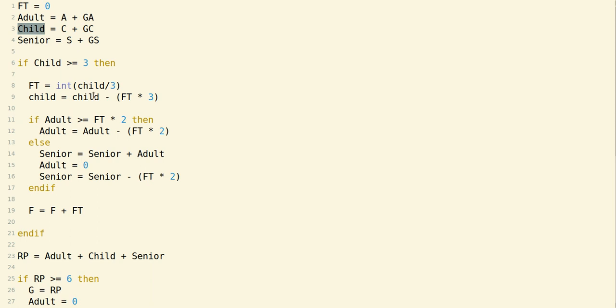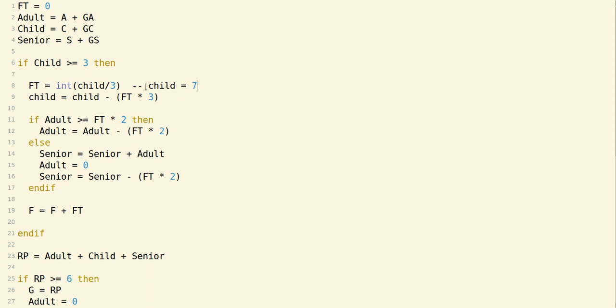So we could have done it with a loop, but instead of a loop I'm using simple maths to compute the value. Let's say we have the value of child as 7. If the value of child is 7, that would mean that we could create 2 family tickets out of it. So how do we compute that?